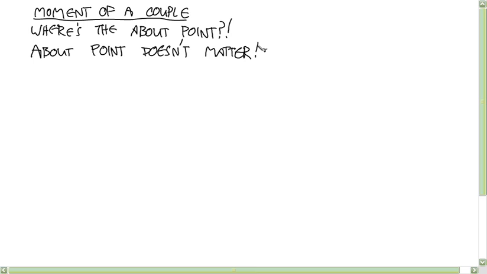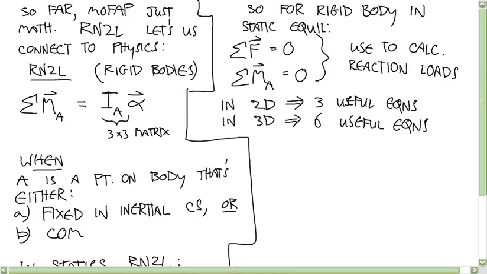And what that is going to mean is when we use the rotational version of Newton's second law, you have to choose an about point to use this, right? So say you choose this point, and now say there are some couples in addition to just lone forces that are producing moments, okay?